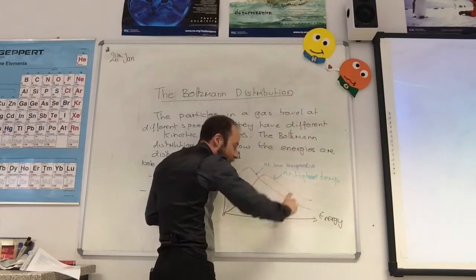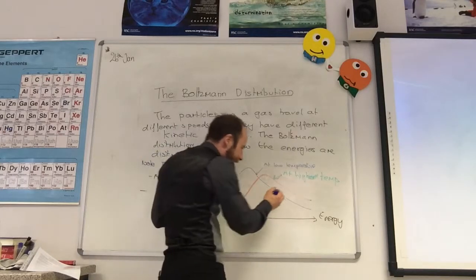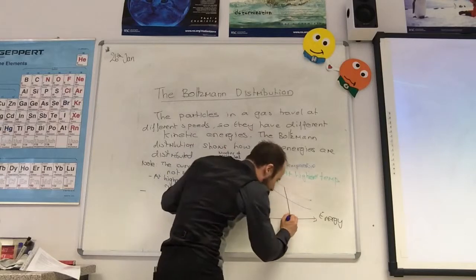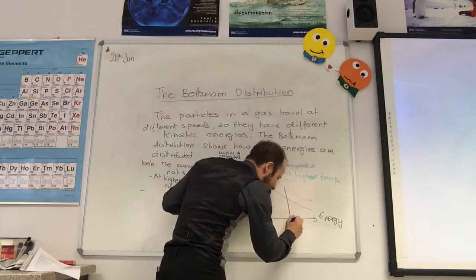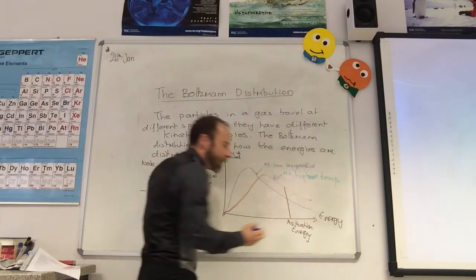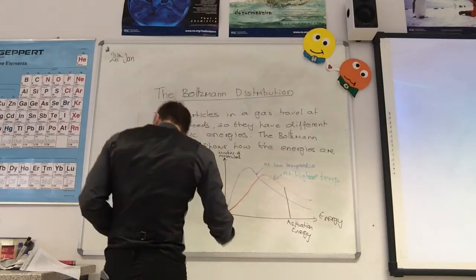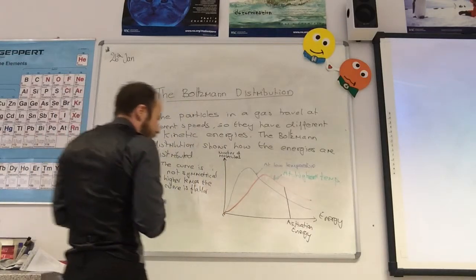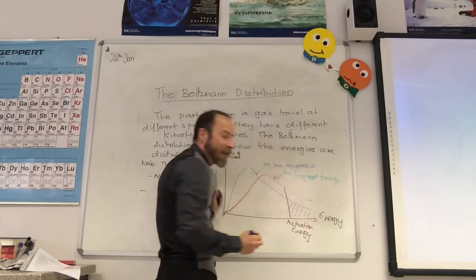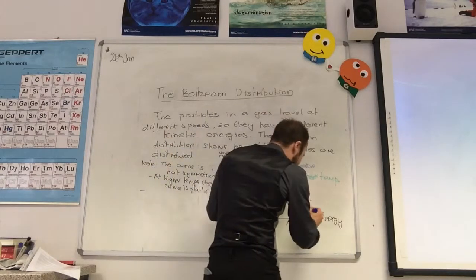So, if I now put on here, arbitrarily, I'm going to say is my activation energy there for the reaction. So, at lower temperature, that number of molecules can react.